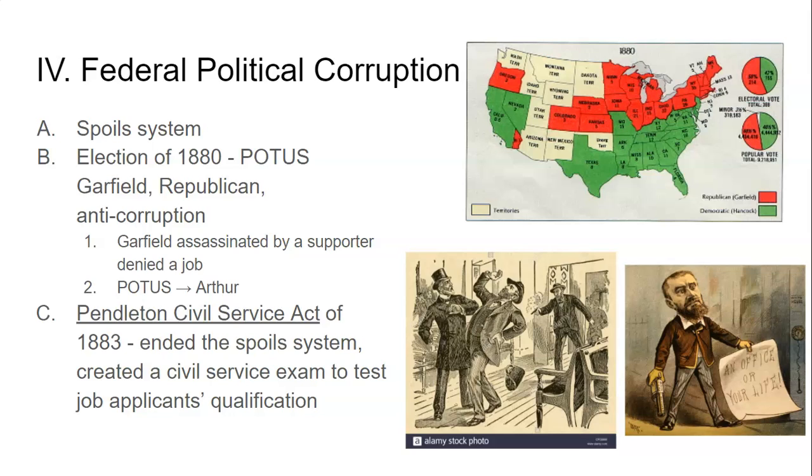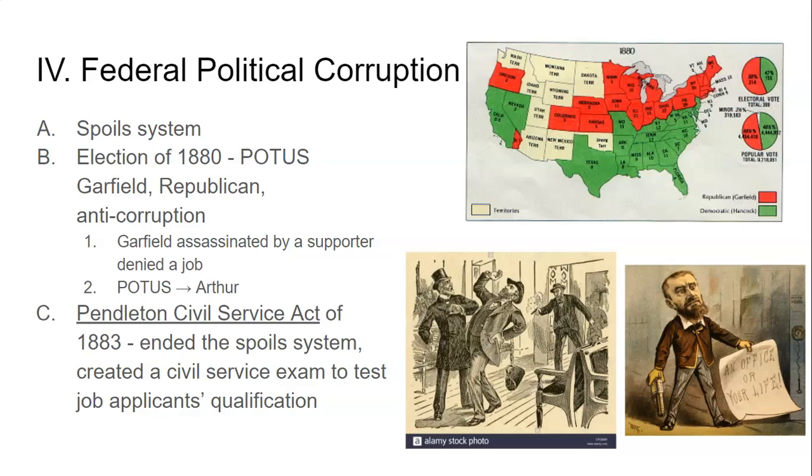So for most of the 19th century, the spoils system was in effect. If you remember that back from American One, Andrew Jackson started it in the 1820s. It was basically this practice of giving government jobs to your supporters and people in your political party rather than people who were actually qualified for the job.